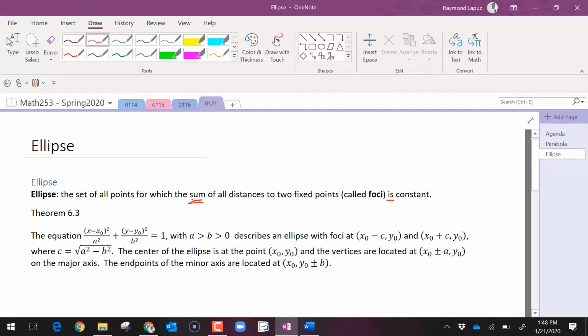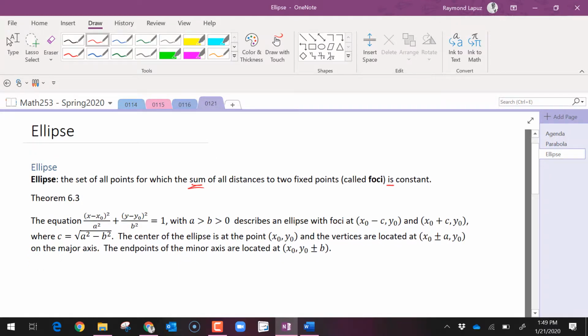The equation x minus x naught quantity squared divided by a squared plus y minus y naught quantity squared divided by b squared is equal to 1 is called an ellipse. And they're saying that a is bigger than b in this case.